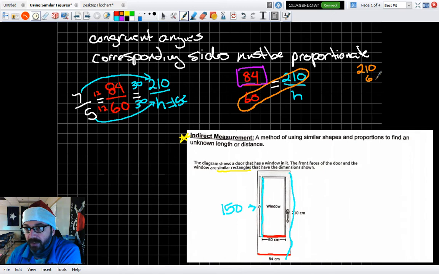210 times 60. Well, 0 times anything is 0, but I need my placeholder 0 because this is a 6 that I'm multiplying. So 6 times 0 is 0, 6 times 1 is 6, 6 times 2 is 12.